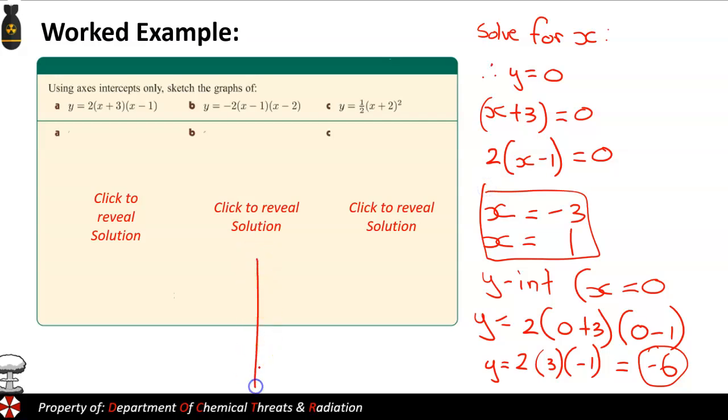If I drew my Cartesian plane, I've got, let's go 1, 2, 3, and 1, 2, 3, 4, 5, 6. So I've got plus 1 here, minus 3 here, and negative 6 here. I need to draw a symmetrical function that looks like that.